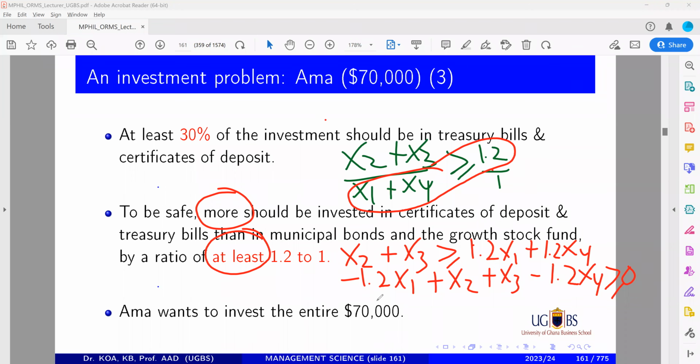But in this last constraint, there's nothing called of the investment. There's no value that says more should be invested in certificates of deposit of the investment or treasury bills of the investment.